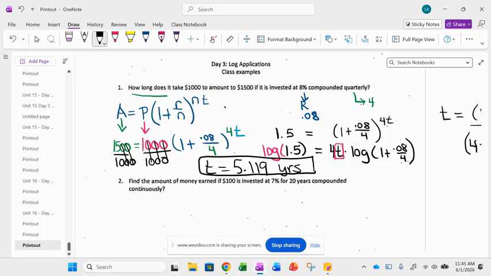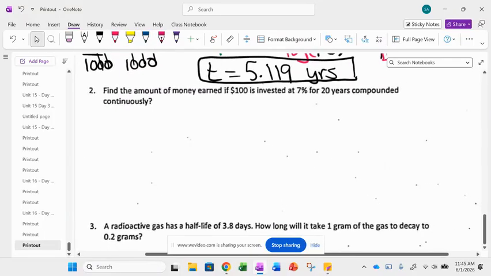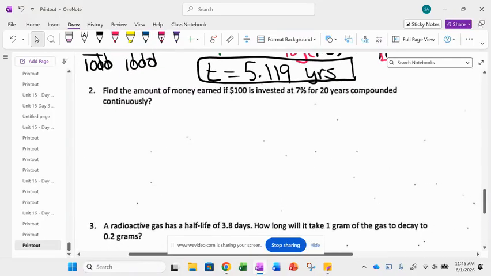All right, next one. Find the amount of money earned if $100 is invested at 7% for 20 years compounded continuously. Because it has that word continuously, which formula are we using? The continuously compounded formula.